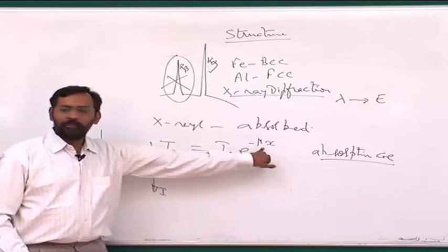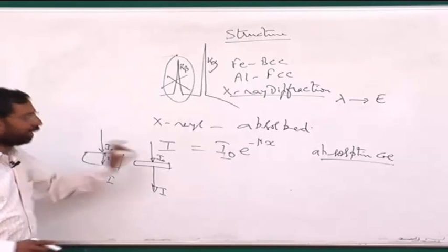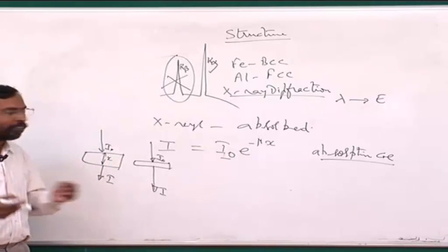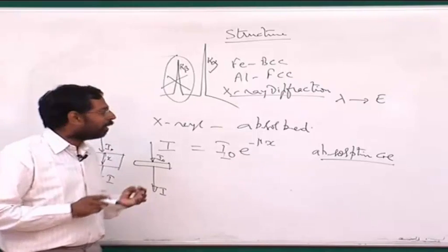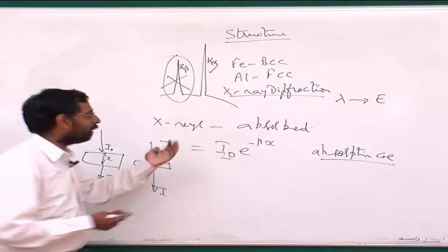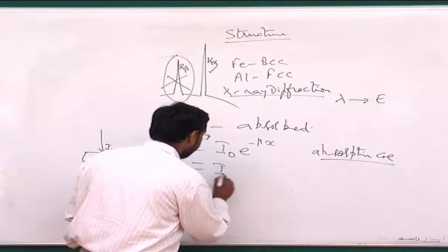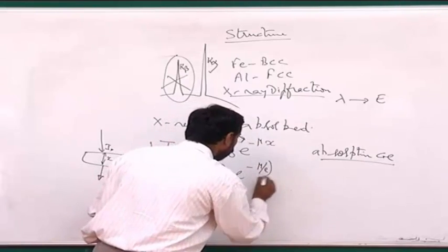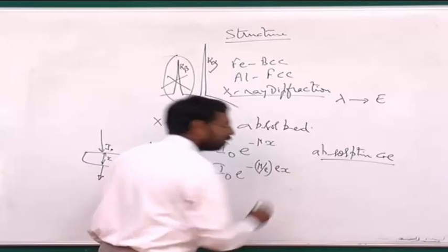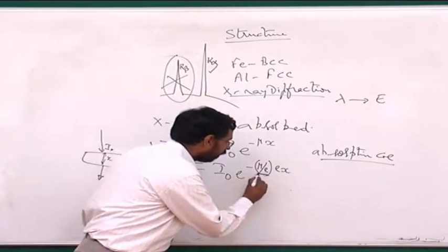And people have found that this absorption coefficient is a function of the density of the material. Different density materials will absorb differently. As a result, people said, let us normalize it with respect to density, and hence started using a modified version where you say mu by rho into rho x, where mu by rho is a constant now.